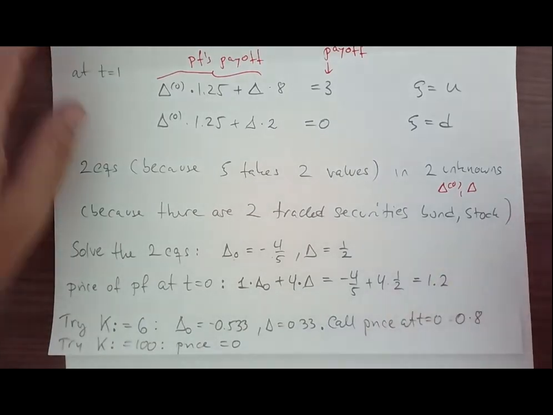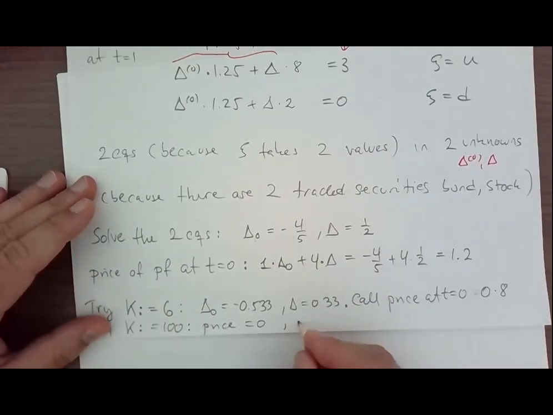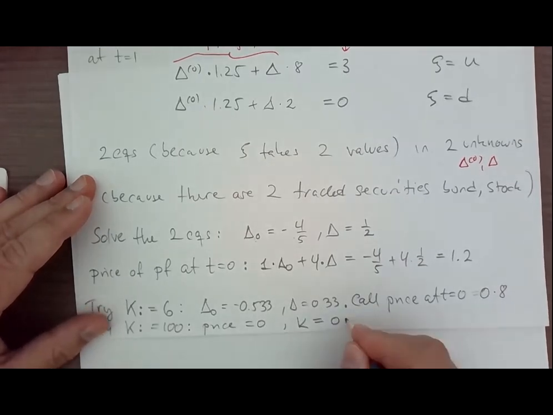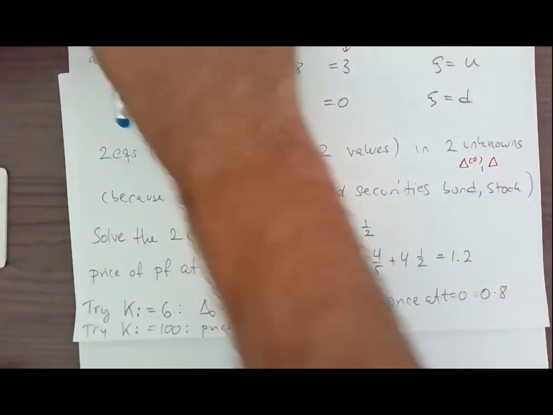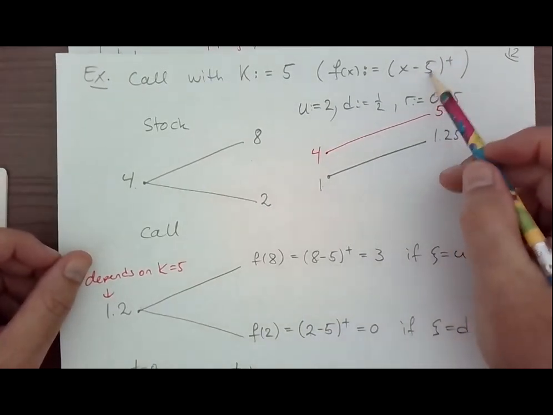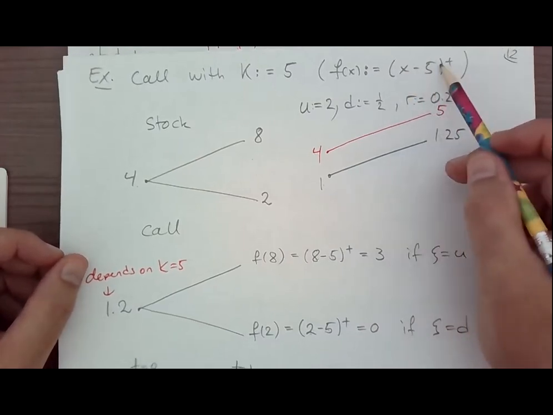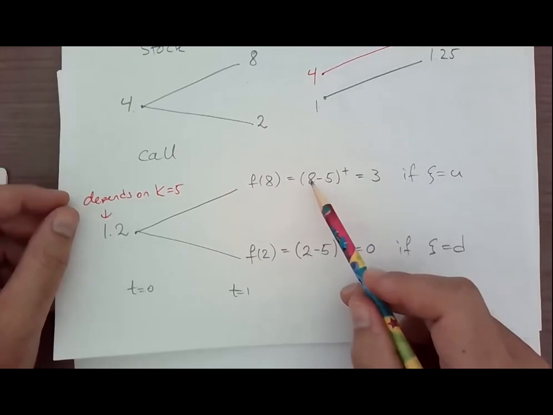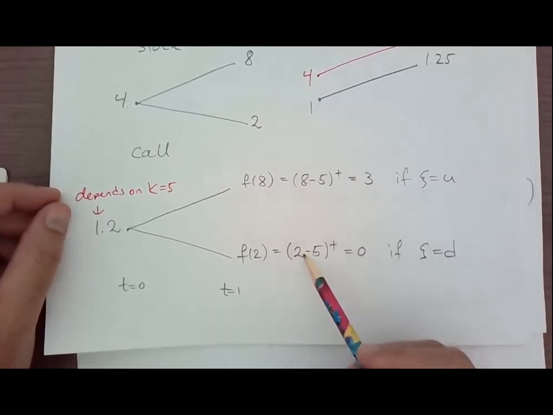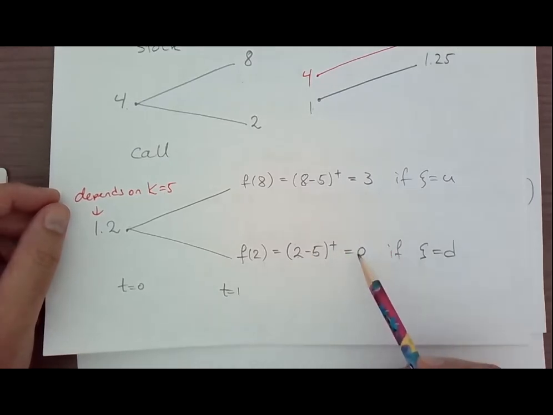And likewise, you can move it in the other direction. If I start having K equal to say 0, then what? If I drop this thing here to 0, then I'll have just X positive part. And then what will the payoff be? Well, it'll be 8 minus 0, which is equal to 8, and 2 minus 0, that's equal to 2.